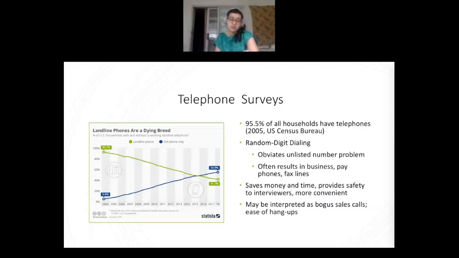Random digit dialing uses computer algorithms to generate lists of random telephone numbers, usually the last 4 digits. The nice thing about telephone numbers is if I wanted to do something on the East Coast, a lot of our telephone numbers are associated with geographic location.